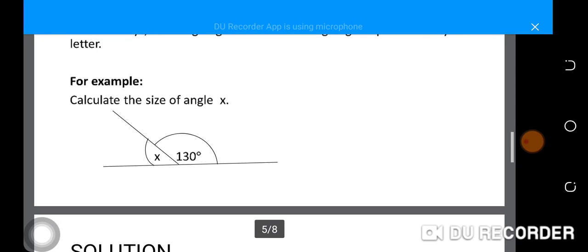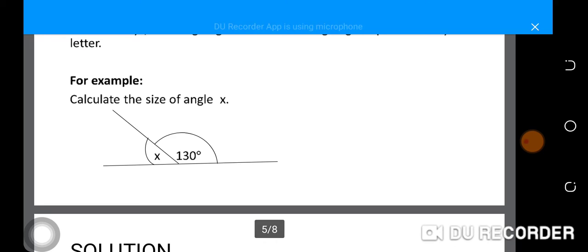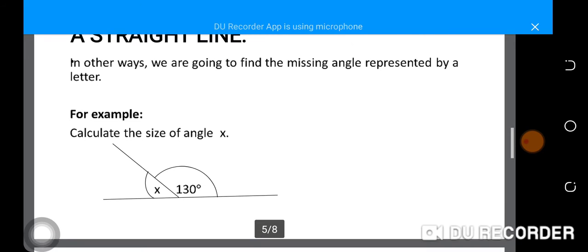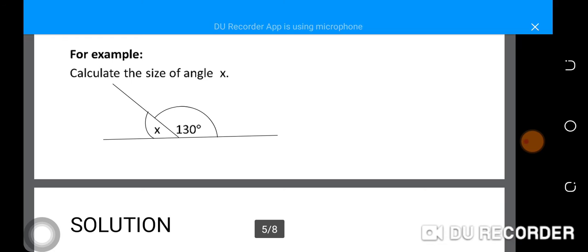Now here we have the example. The example says calculate the size of angle x. Here we have two angles on a straight line, angle 130 degrees and angle x. The unknown angle is angle x, which is the angle that we are going to find. Remember that angles on a straight line add up to 180.